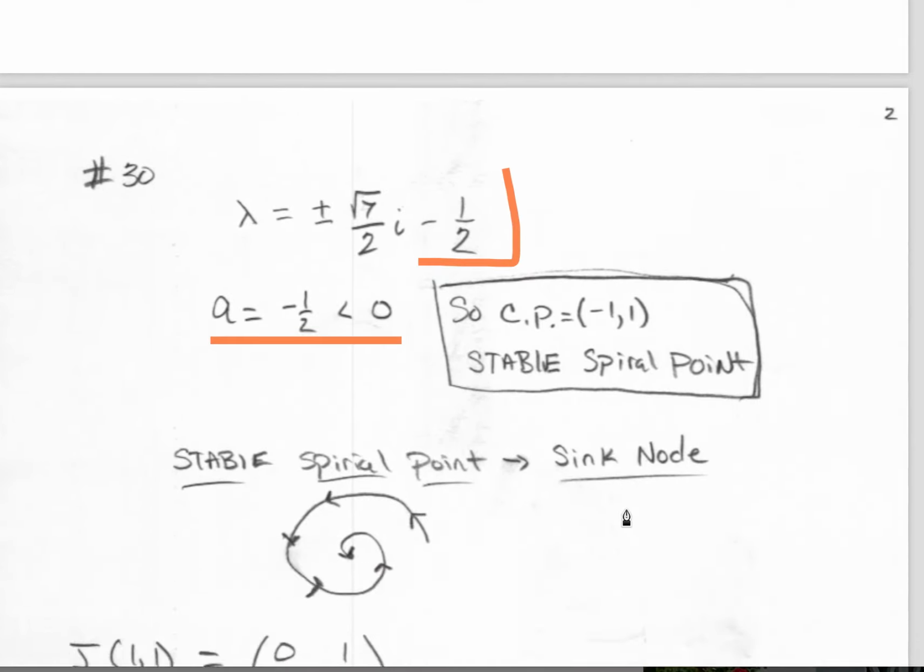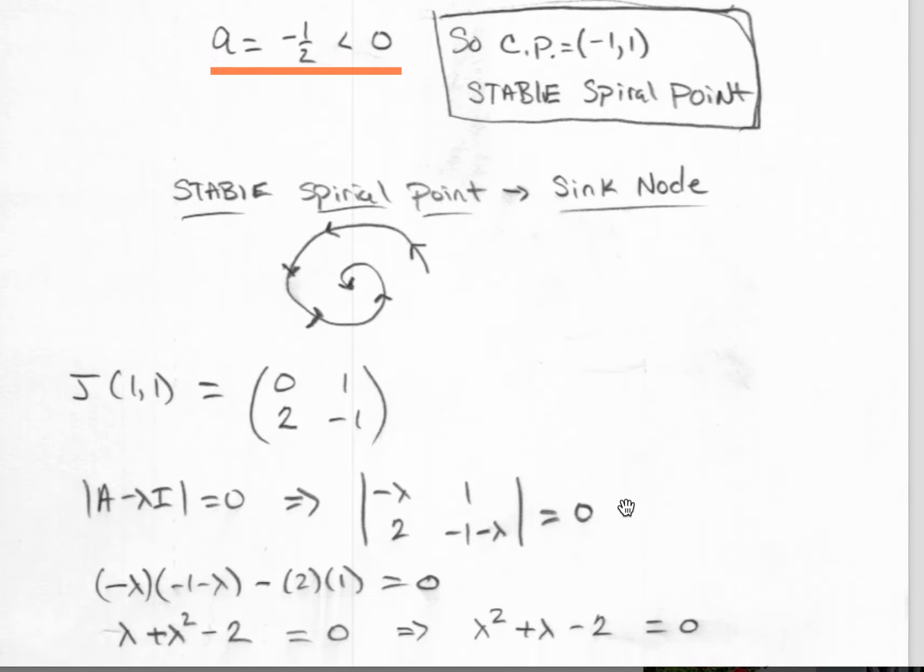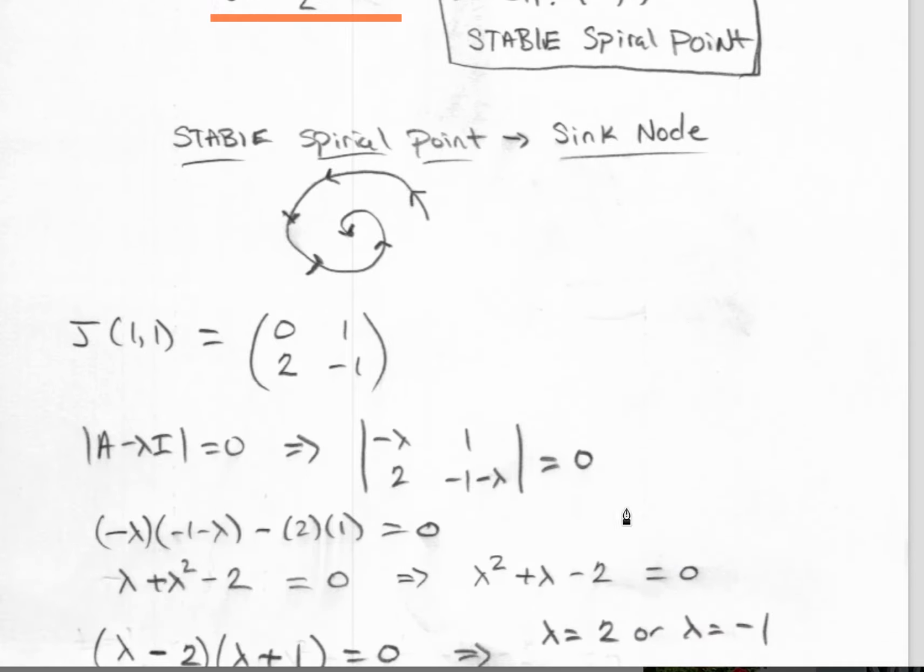I wanted to make mention too of a stable spiral point, and sometimes that gets called a sinking node or a sinking point. The reason for that is this would be the point (-1, 1), and when I look on my phase plane, it looks like I am spiraling in. So a stable spiral point is heading in.